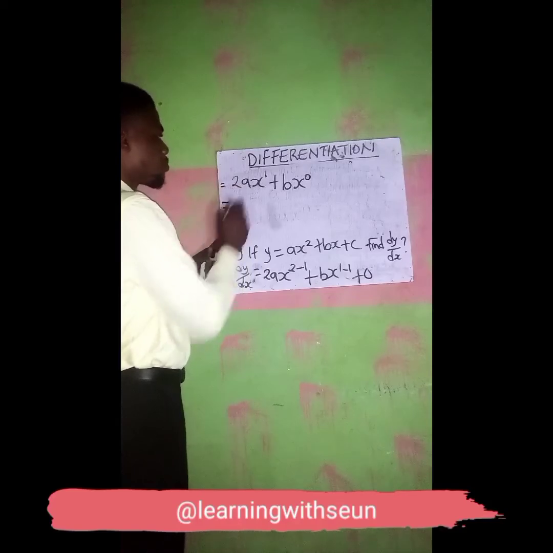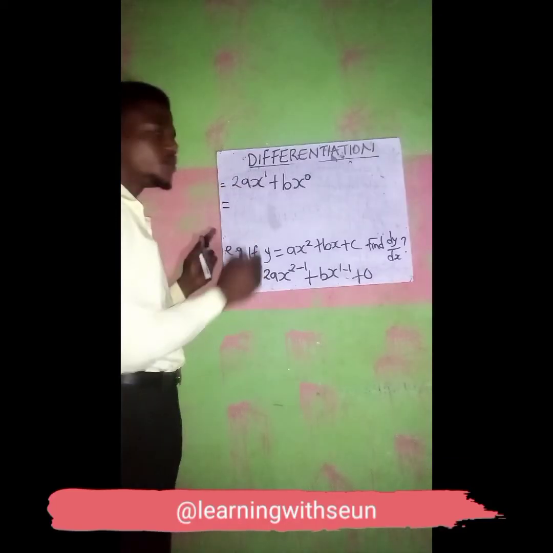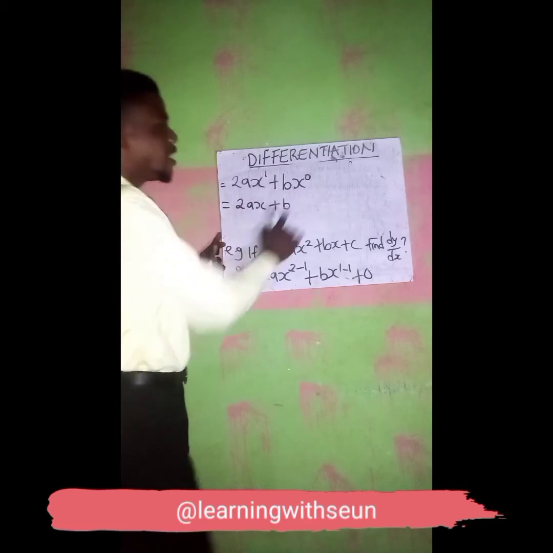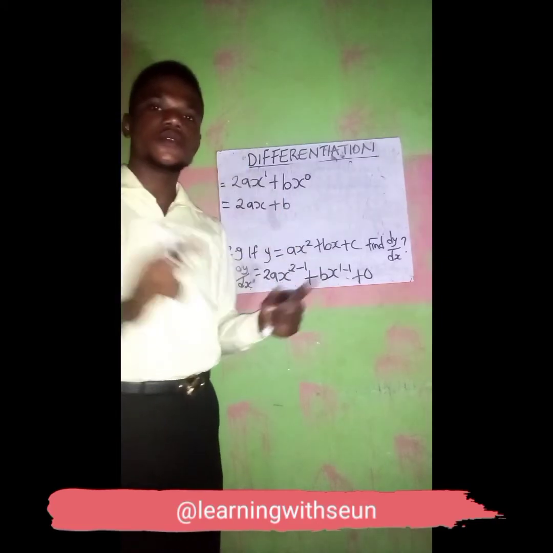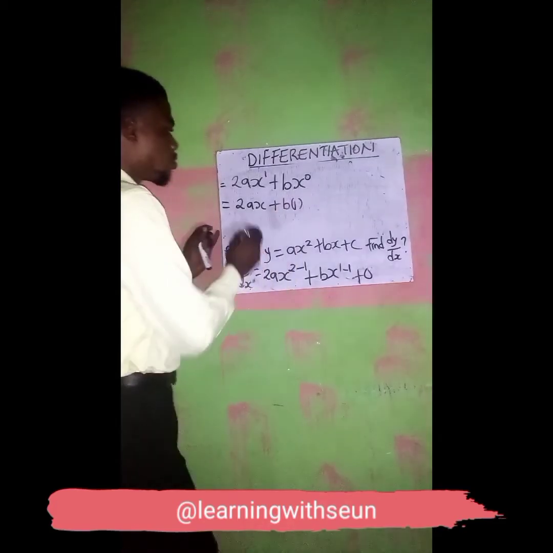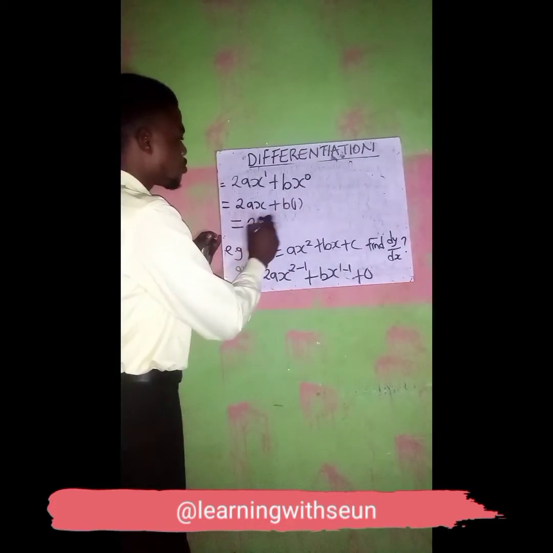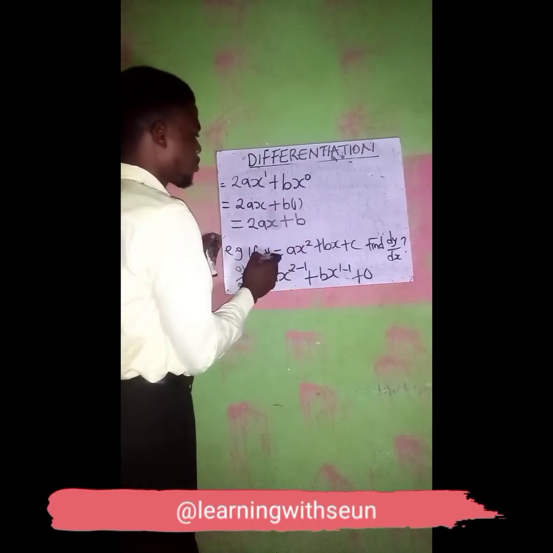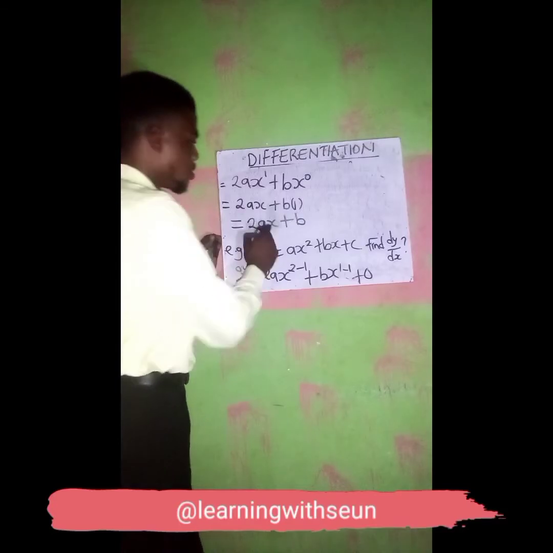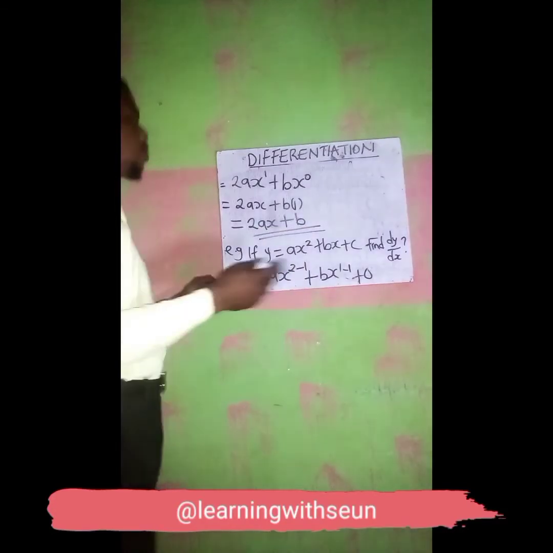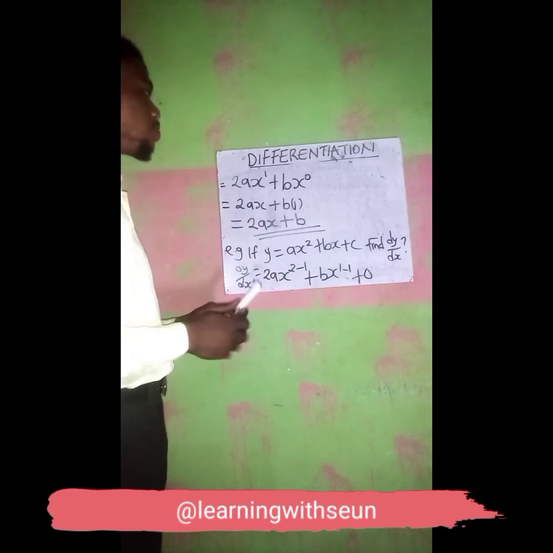So our answer will now be 2ax plus b, anything raised to the power of 0 will give you 1, so multiply by 1. So the final answer is 2ax plus b. You understand? This is our final answer, and this is what we call a polynomial function.